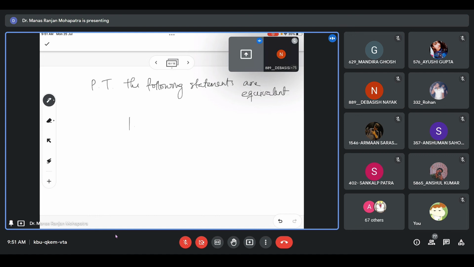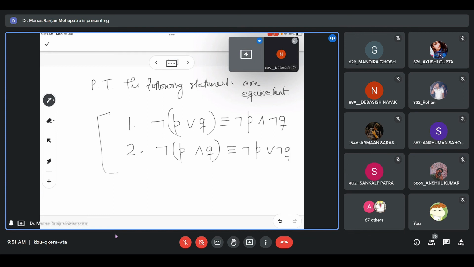The first one is negation of P or Q, which is equivalent to negation P and negation Q. The second one is negation of P and Q, which is equivalent to negation P or negation Q. These two are homework for you.